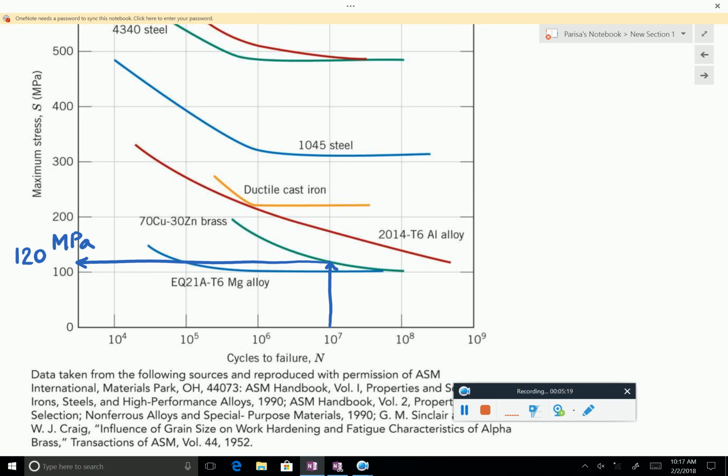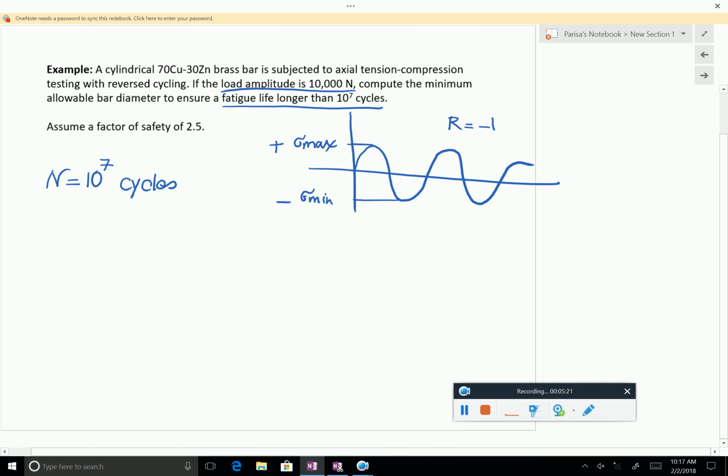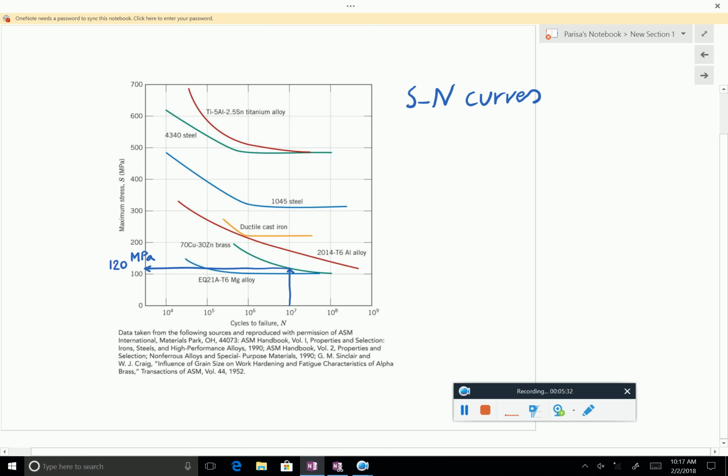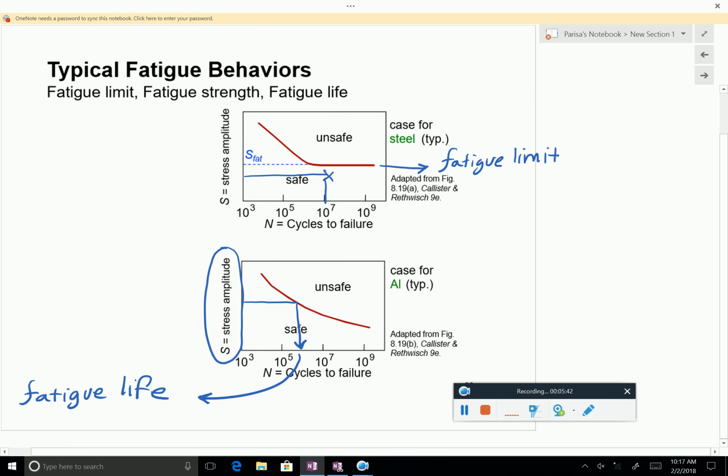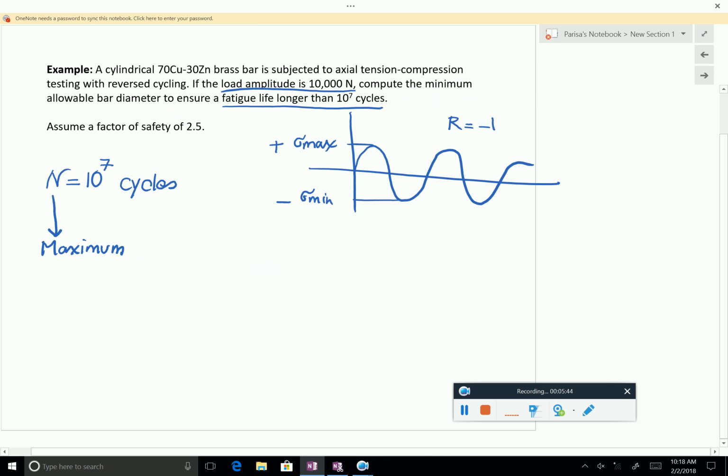Now, from the graph, we find out that the maximum stress amplitude is about 120 megapascal.